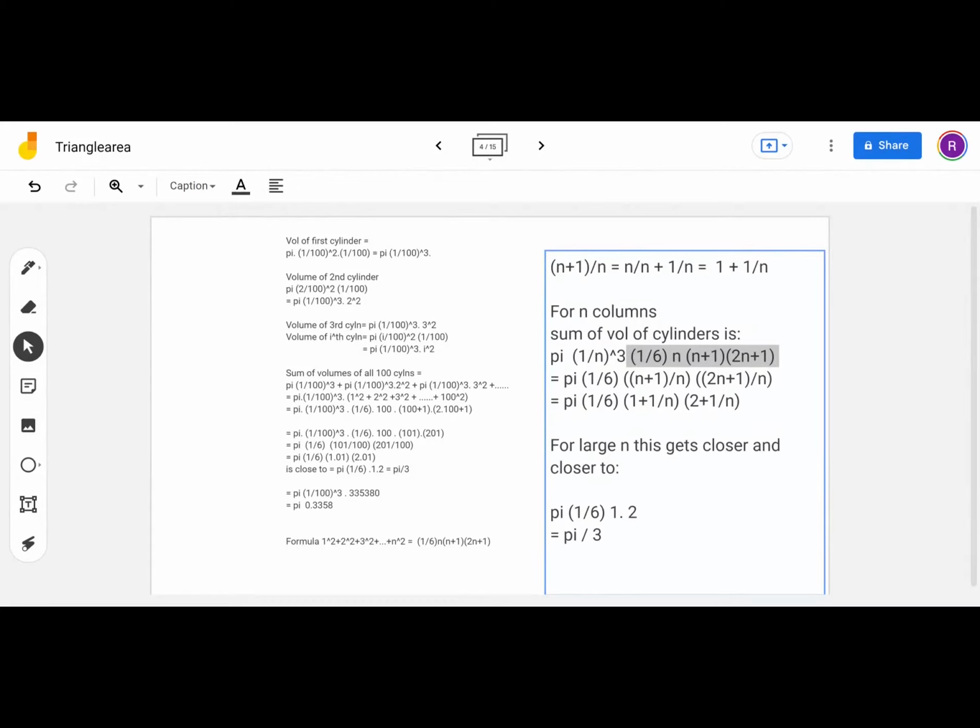What shape were they? Small cylinders. Okay, we divide into thin cylinders, thin slices. Each of them is like a cylinder. Okay, Anjali, understood?